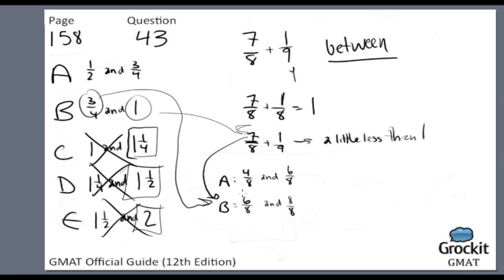So these two things together make choice B our correct answer. Very important to be able to estimate some of these fractions, see what other things are close to. Okay, on to number 44.